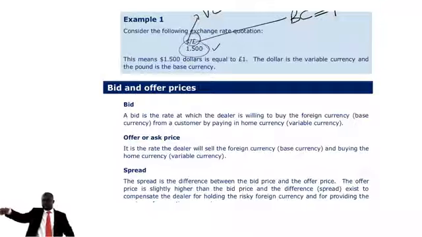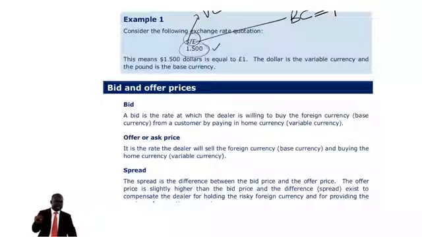So base currency is what he is dealing with. The bid is the price the dealer is prepared to buy the base currency from you. The offer is the price he is prepared to sell the base currency to you.